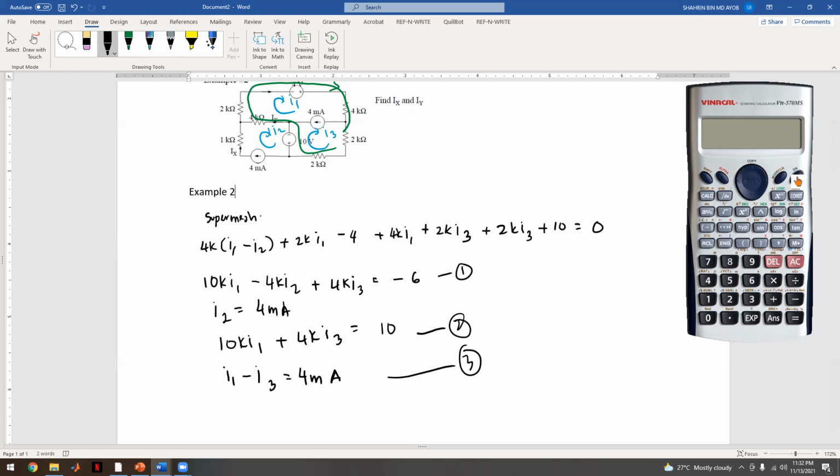So solve equation number 2 and equation number 3.